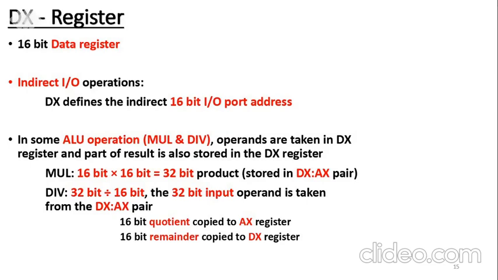These 32 bits of input operand, the numerator, will be divided by 16-bit, and once that division is performed, the quotient generated is 16-bit, which is copied to the AX register, the accumulator, and the remainder of 16-bit is also copied into the DX register, that is the data register. It means that in division of 32-bit divided by 16-bit, the 16-bit quotient is copied to accumulator AX and the 16-bit remainder is copied to data register DX. So this is the implied function of the DX register here.